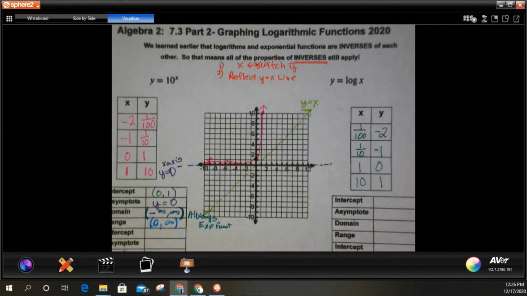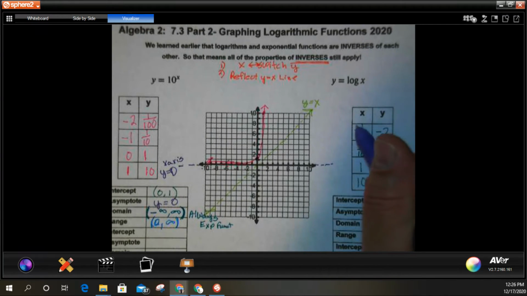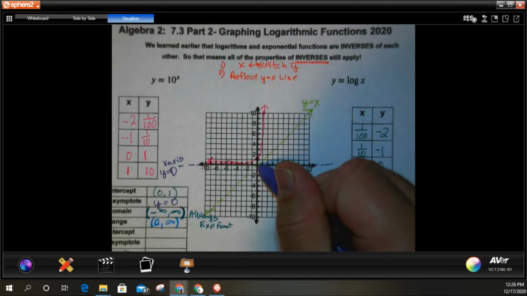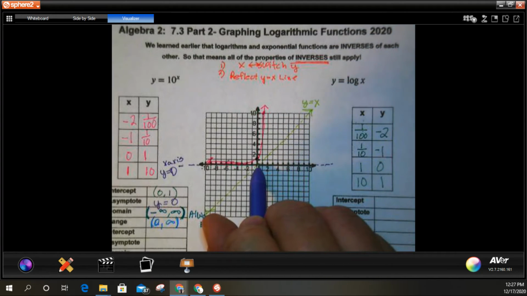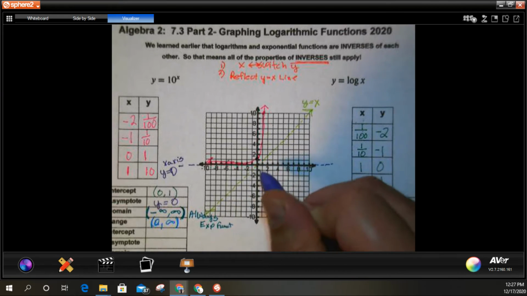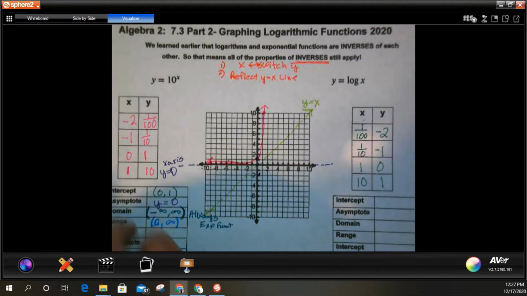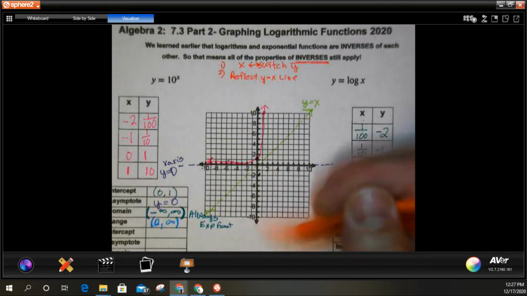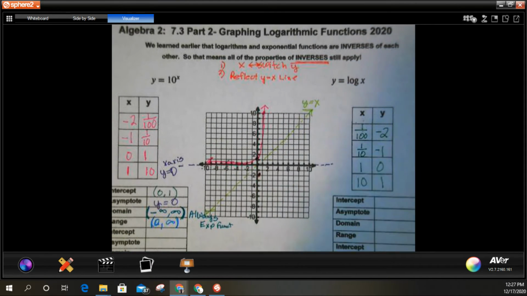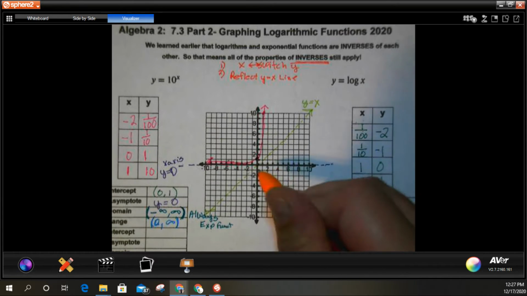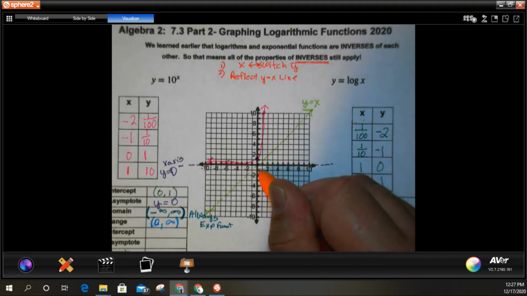So let's plot these points and draw our inverse. My x is 1/100th, -2. Let me use a brighter color. There we go. 1/10, -1. 1, 0, and then 10, 1.